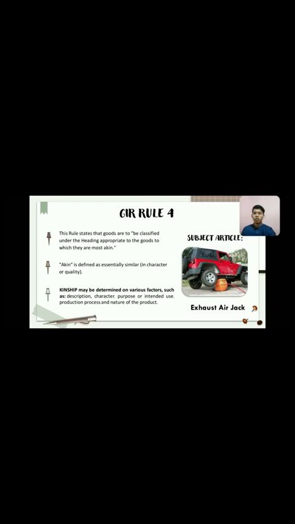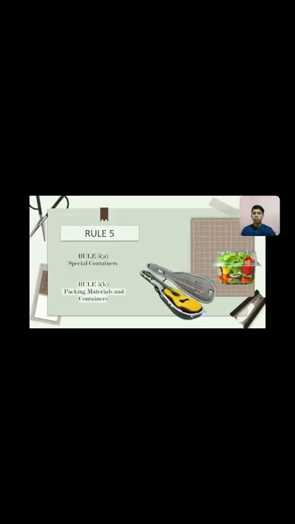Kinship may be determined on various factors such as description, character, purpose or intended use, production process, and nature of the product. Subject article: exhaust air jack. GIR Rule 4 is the most unpopular of the GIRs in terms of usage, as GIRs 1 to 3 will cover the classification of almost all goods.